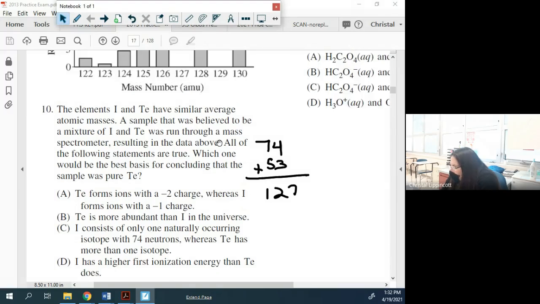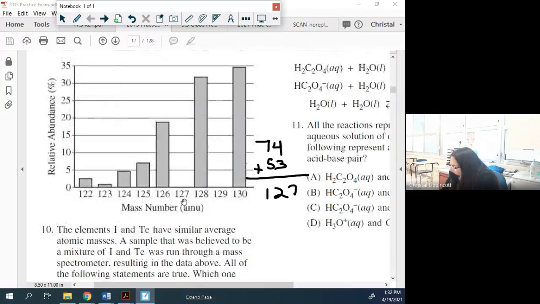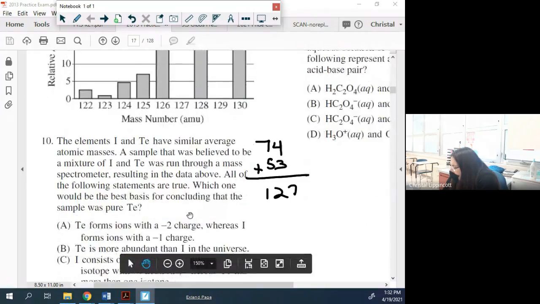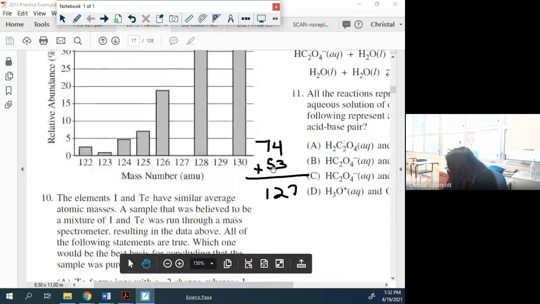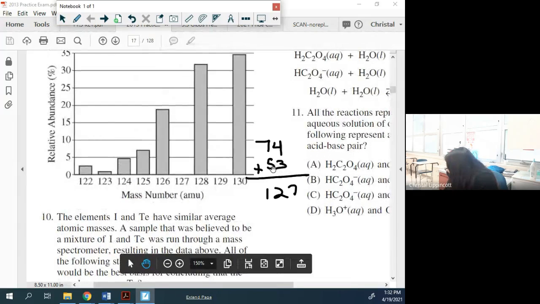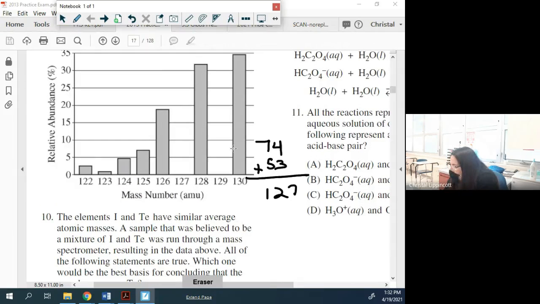Well, lo and behold, we go up here. There's nothing at 127. So if that was the case and this was pure tellurium, that would make sense, wouldn't it? Is that what you guys had for your answer? Good.